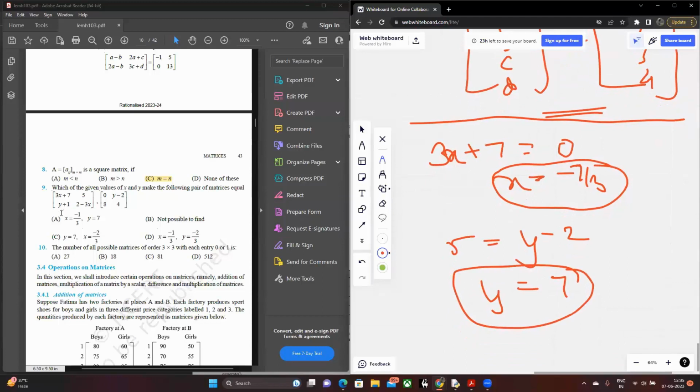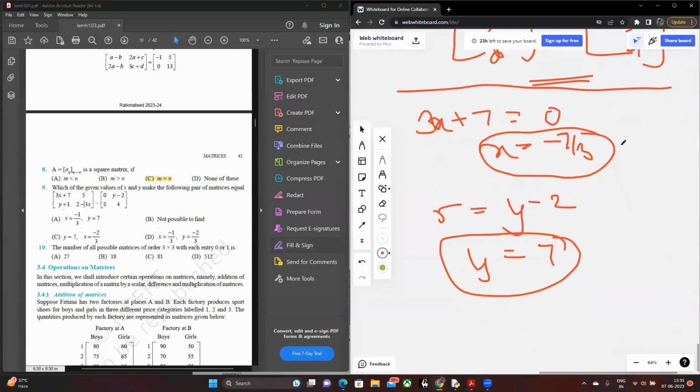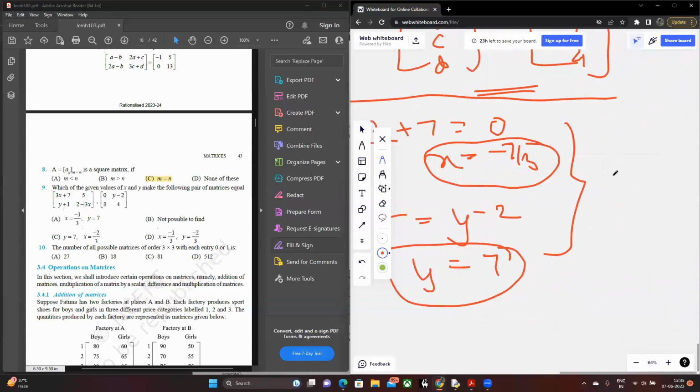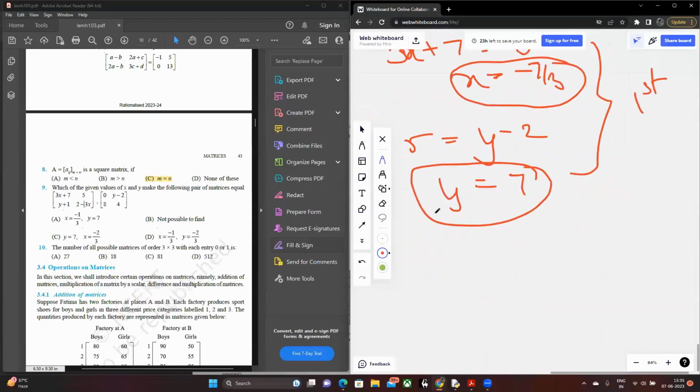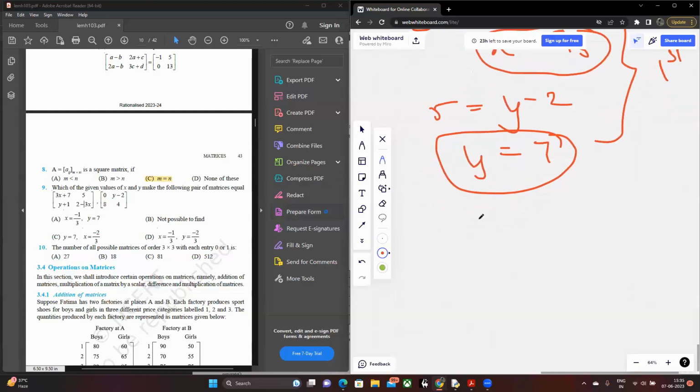But you also have this. These two are taken from the first row. You have to apply these values to the second row to see if the equalities hold. If they do, then this is going to be your answer. If they do not, then you say that an answer does not exist and these two matrices can never be equal. That's how you proceed.